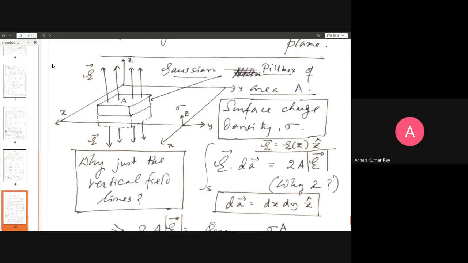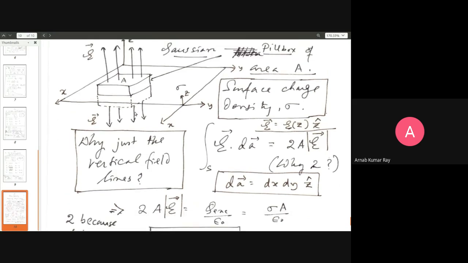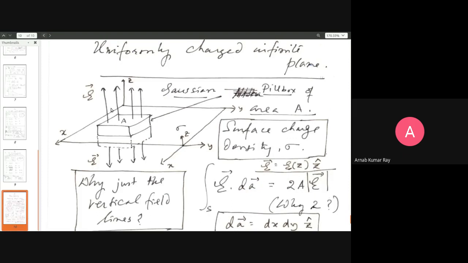So this will be like a double bed of nails. On a bed of nails, you have the nails pointing up, so this is something like that. You have field lines going above and field lines going below. Now these field lines, E, depend only on z and point along the z-axis. So E is just a function of z, going along the z direction, up and below, so z cap.